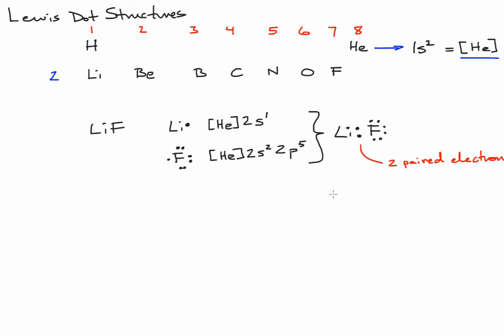This happens to be an ionic compound. It's ionic because the difference in electronegativity based on the Pauling electronegativity scale is greater than 2. So we have fluorine and lithium. They're sufficiently separated on the periodic table that in this compound, fluorine actually owns all of the electrons.